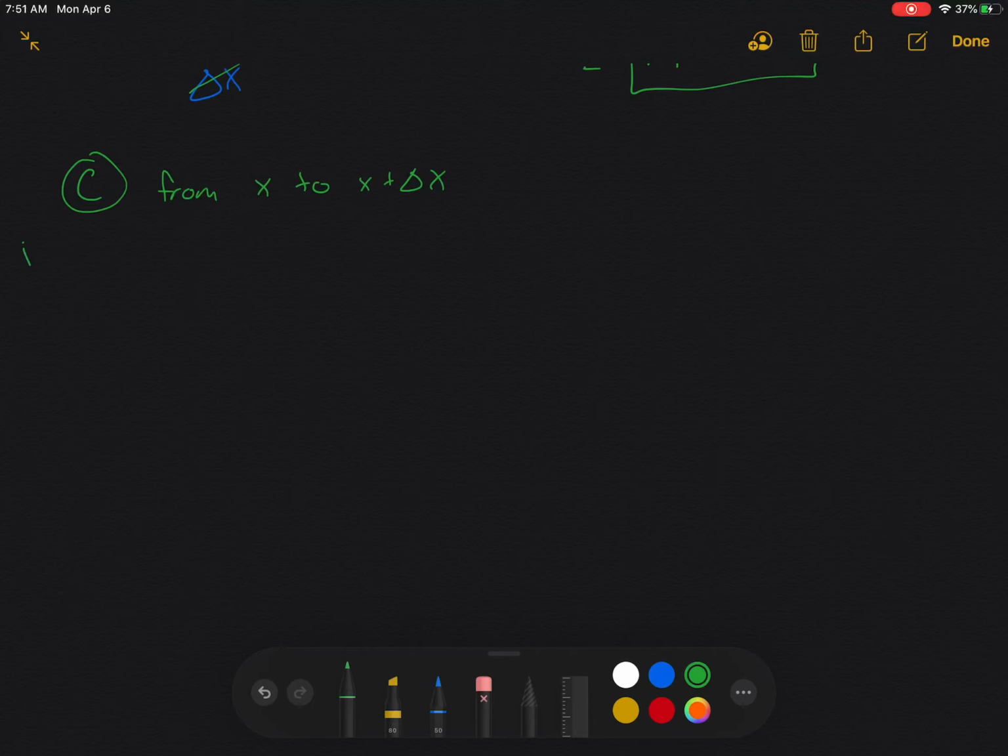If you guys remember, this is the difference quotient. It's f of x plus delta x minus f of x, all over x plus delta x minus x. And look, boom, boom, cancel out.